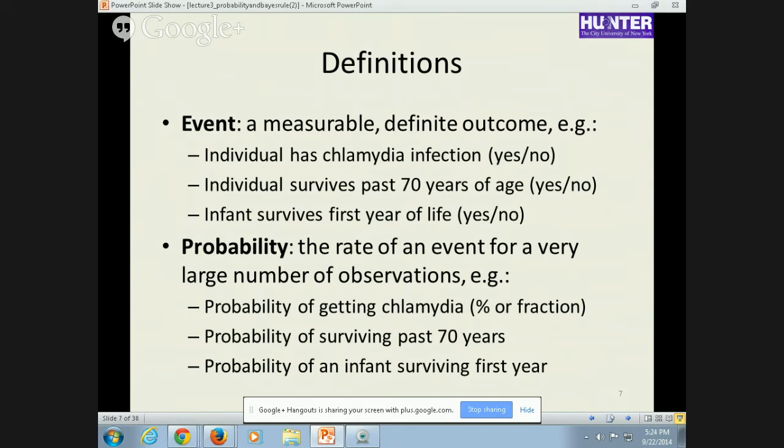It could be the probability of one individual in a population having chlamydia in a cross-sectional type of study. And it could be, for the other examples, probability of surviving past a certain age, or that sort of thing. So an event is definite. Probability is something that we don't know, but we know something about the outcome on average.